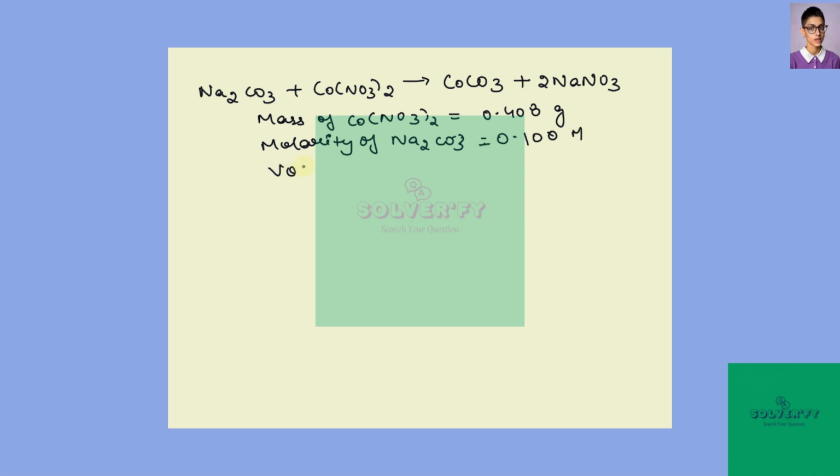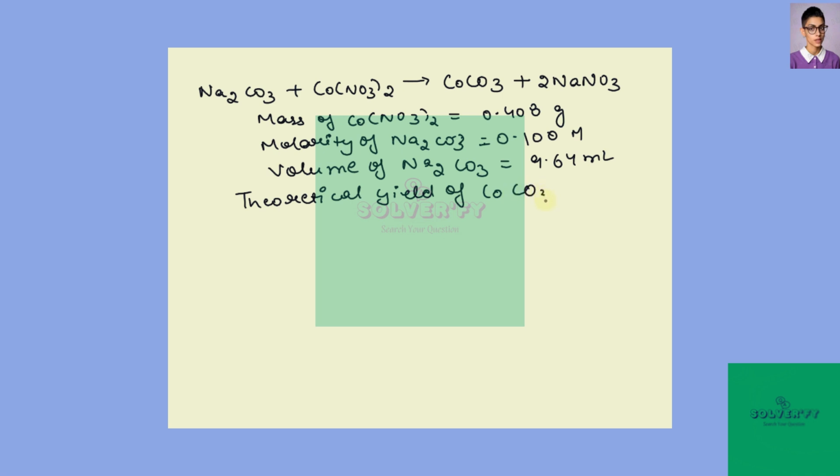Then the volume of the Na2CO3 is given, which is equal to 9.64 ml. So in this question we have to find out the theoretical yield of the cobalt(II) carbonate, that is CoCO3.